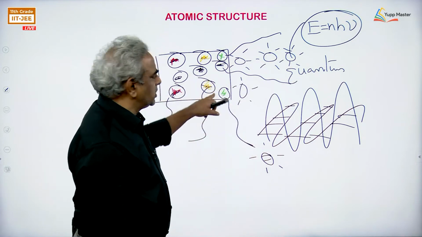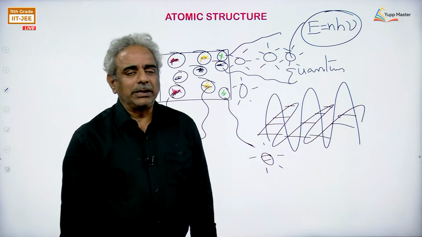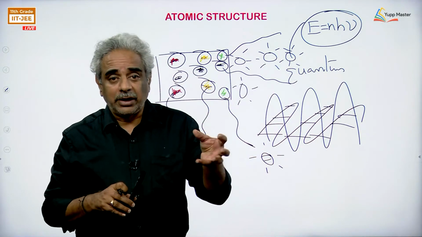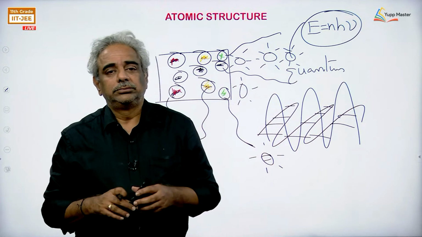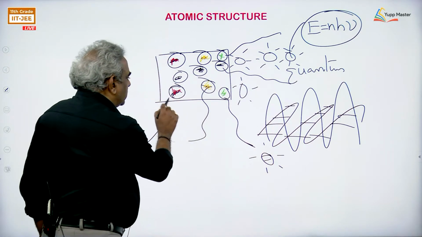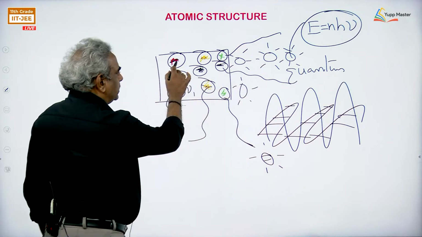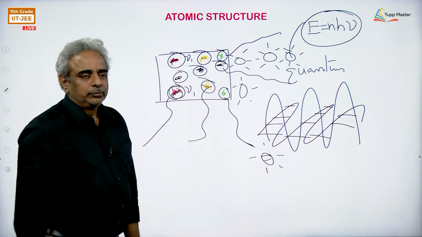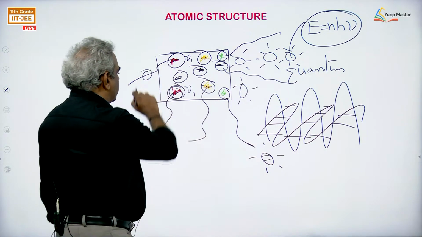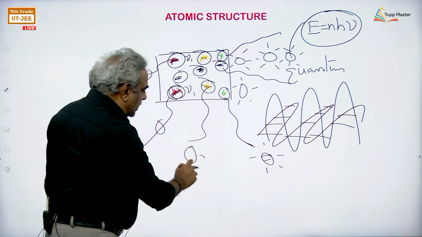Different such frequencies may occur with different particles, and sometimes those radiations may come together as a bundle. Suppose you take this red color thing, this is some frequency nu 1, this is also nu 1. So both will emit some radiation, and these two radiations may come together as a bundle.